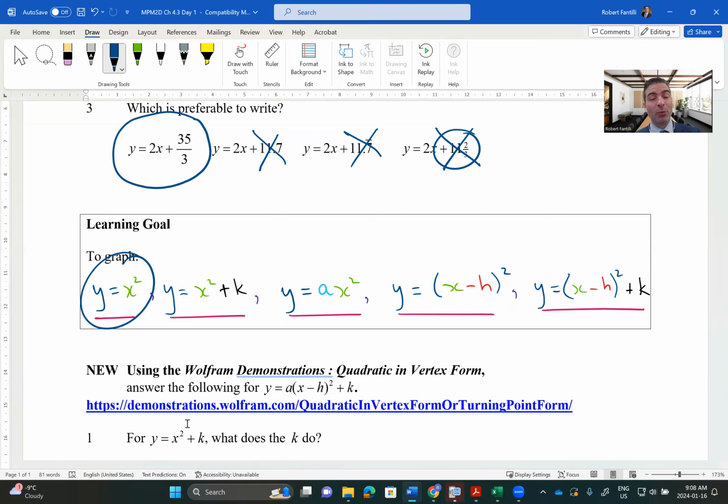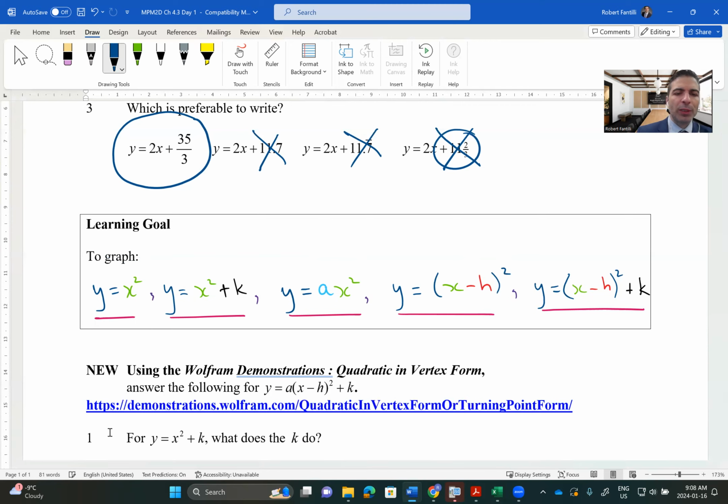If it were greater than 1, like 2, 3, 4, 5, etc., it would be stretched or skinnier. And if it's between 0 and 1, less than 1 and greater than 0, for example a 1/2, a quarter, 5/6, 3/8, etc., then it would be a compression, because it's increasing at a slower rate than 1.